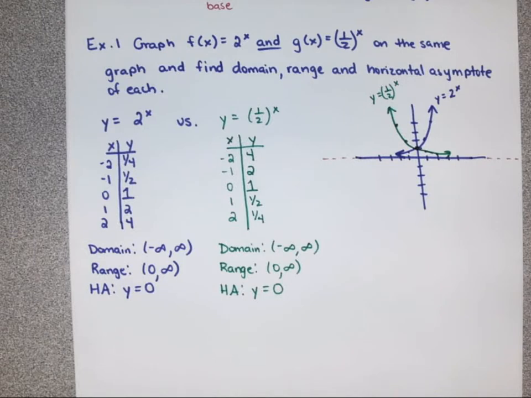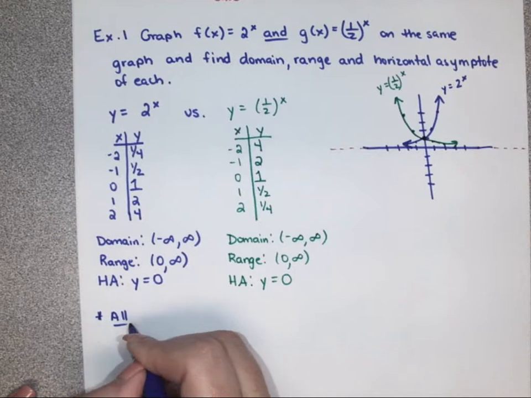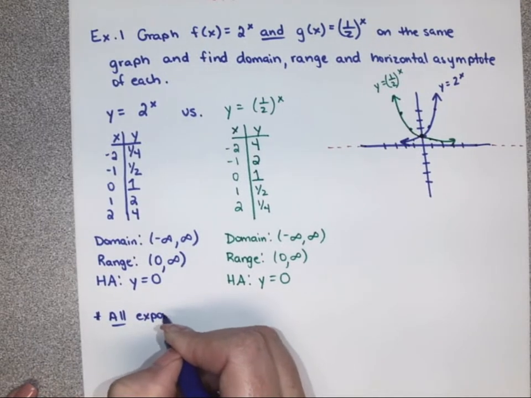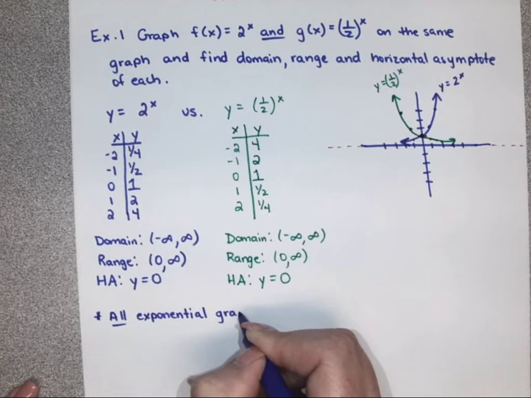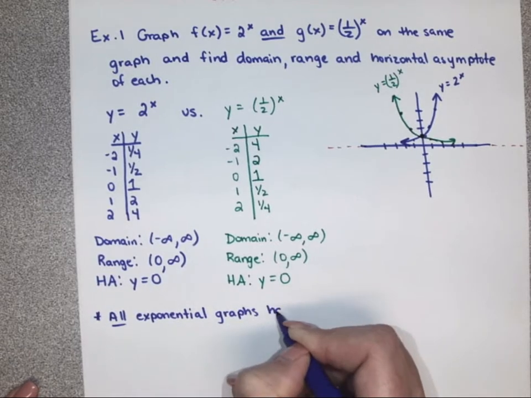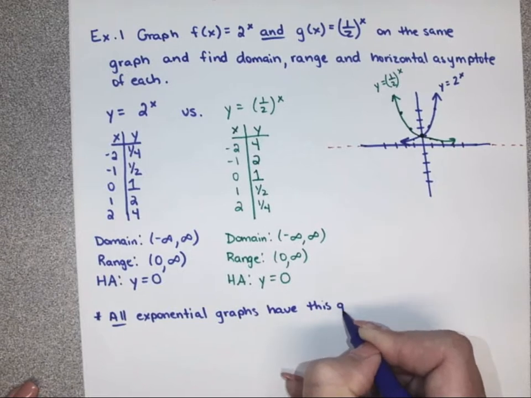All right, so all exponential graphs kind of look like these, but just maybe with some changes. So just like all parabolas kind of have the same shape, but we might flip them or shift them or something like that, it's going to be the same thing for these guys.